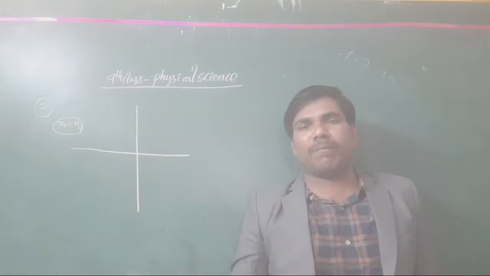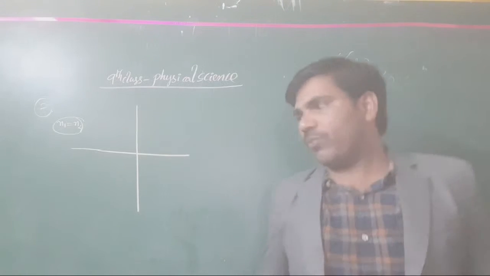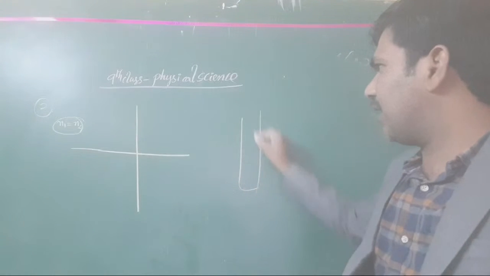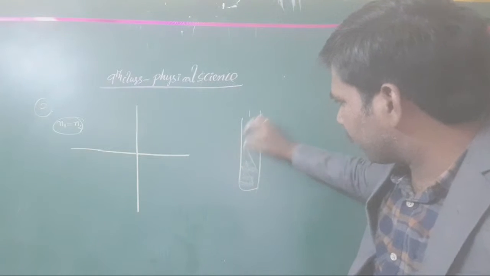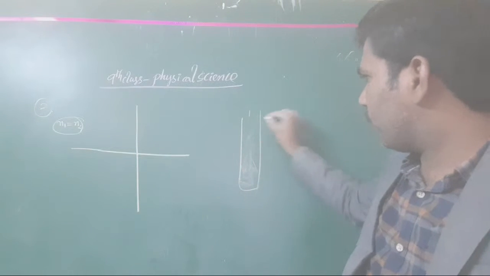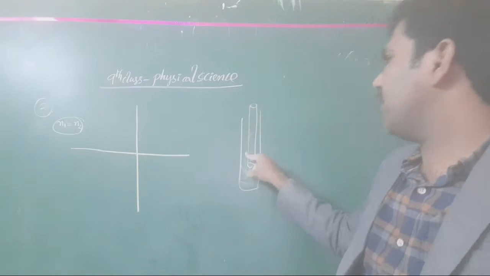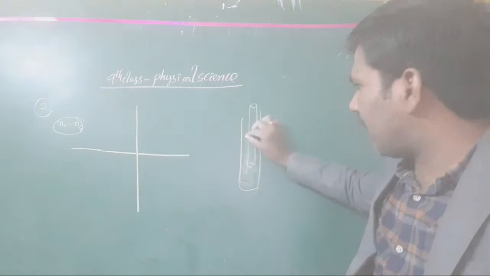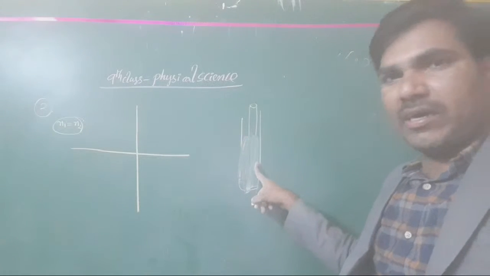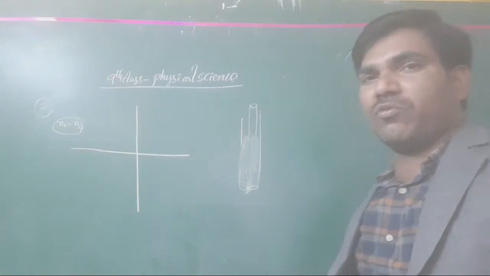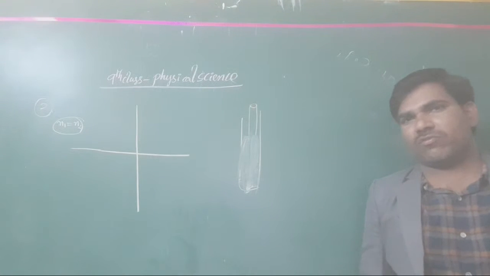The difference does not appear to us. It may not appear like a glass tube when you add the vinegar to it. Why? Because the refractive index of the vinegar and of this glass tube are the same. Got it or not? I hope you got it, all the students.